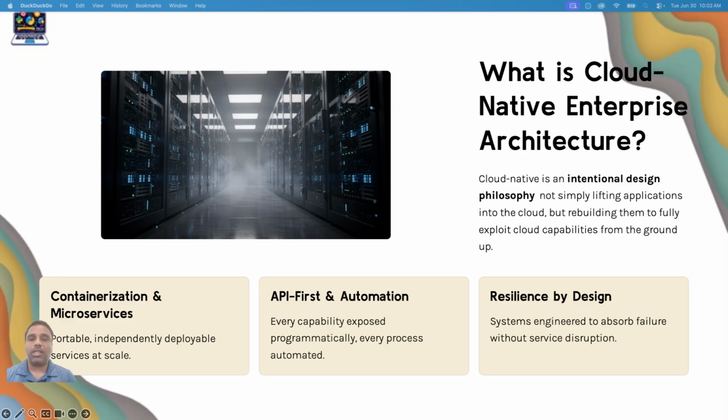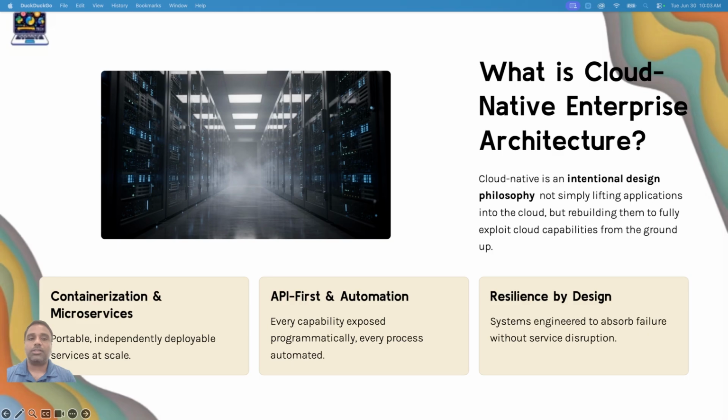There are 3 foundational principles I wanted to share on this slide. The first one is containerization and microservices: portable, independently deployable services that can scale independently. The second one is API first and automation. Every capability is exposed programmatically.